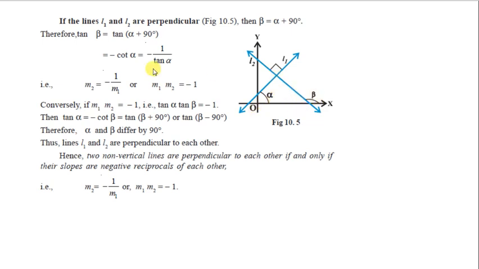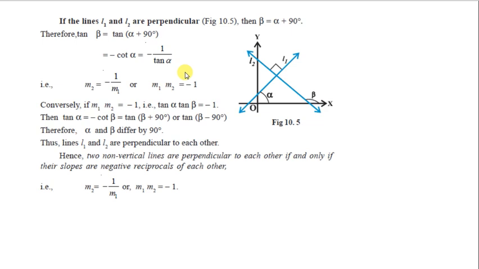So tangent beta is equal to tangent of alpha plus 90, and tan of 90 plus alpha is minus cot alpha, so we get tan beta equal to minus cot alpha, that is minus 1 upon tangent alpha, and tangent beta is the slope of the second line, that is m2, tangent alpha is the slope of the first line, that is m1, so we get m2 equal to minus 1 upon m1, or we can say m1 m2 equal to minus 1. So this is the condition for perpendicularity of two lines.